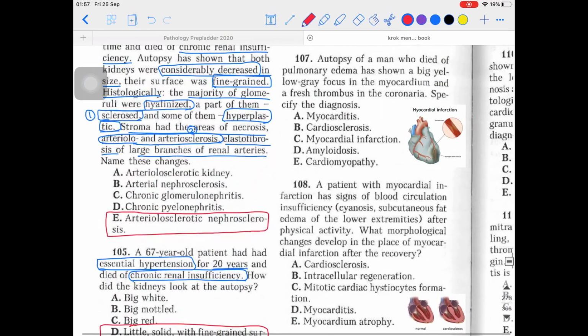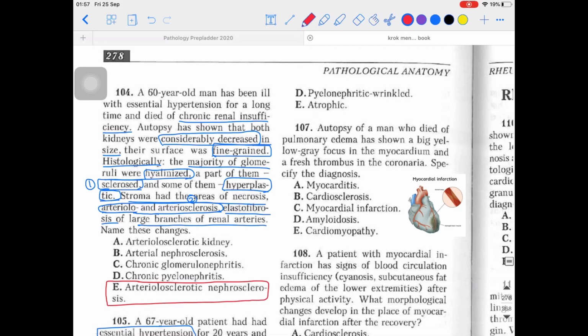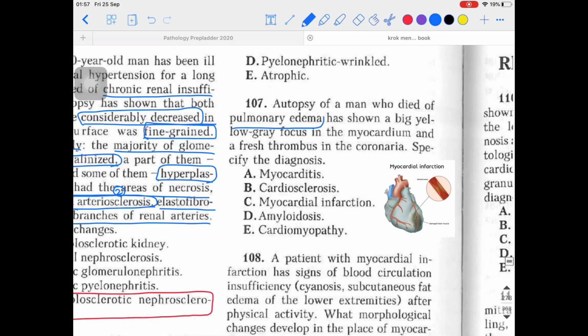Now let's talk about the next question, that is 107. Autopsy of a man who died of pulmonary edema has shown a big yellow gray focus in the myocardium and a fresh thrombus in the coronary artery. Specify the diagnosis. Very easy question, guys. Pulmonary edema was there, a big yellow gray focus in the myocardium, and a fresh thrombus in the coronary.